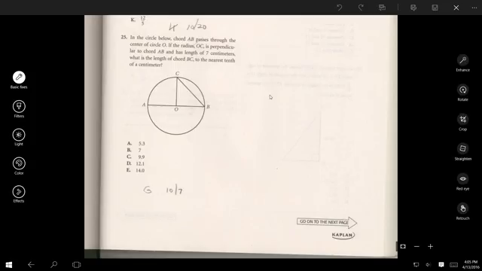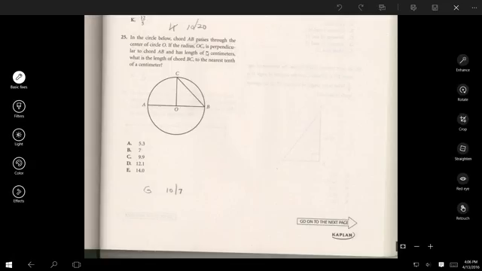All right, let's see. I won't open up my drawing pad until I need to here. So this chord AB, hold on, chord AB passes through the center.